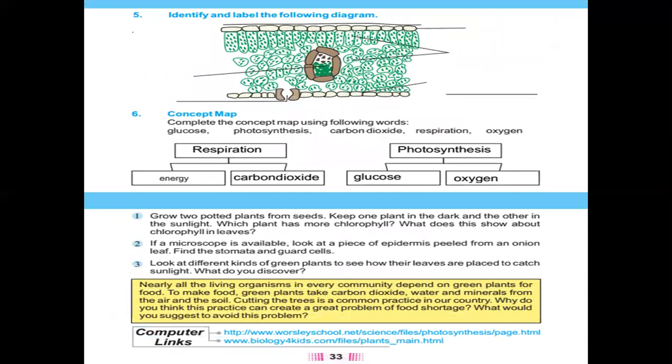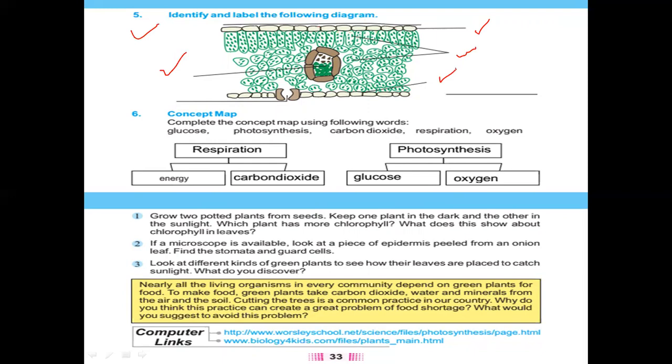Okay, now question number 5 is identify and label the following diagram. So now I think you just understood and remembered this diagram. So this one is what? Upper epidermis. Well done. This is mesophyll cells. Yes. This is vascular bundle.